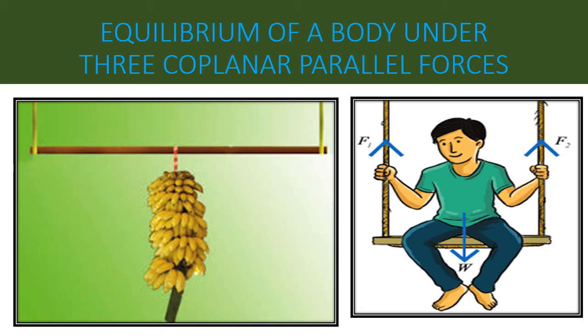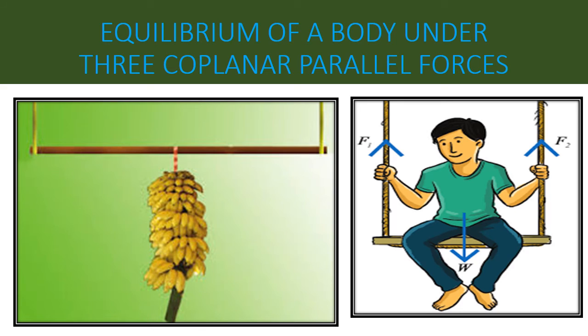So in order to be in equilibrium, the weight of the banana bunch has to be equal to the two forces acting on the rod upwards. Look at the second picture. A boy is sitting on a swing.